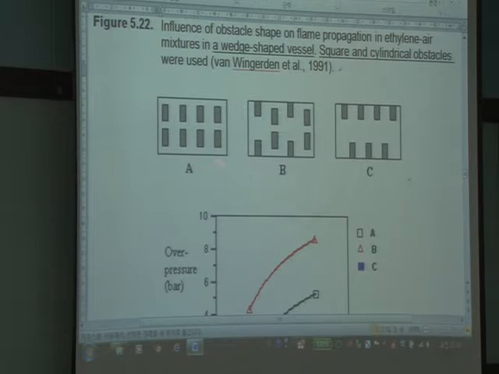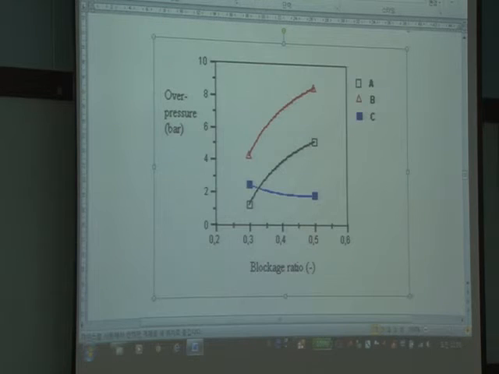This is scheme A, scheme B, and scheme C. That's what you see here. C, the third one, has the minimum pressure. It's almost flat, regardless of the blockage. But scheme A and scheme B, this is scheme B and this is scheme A.